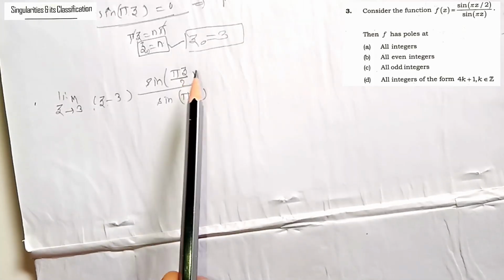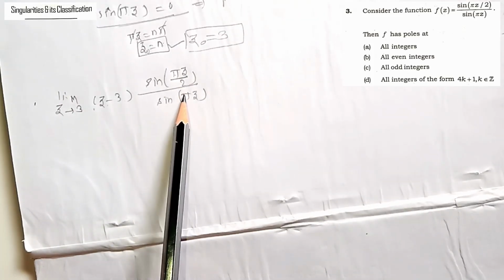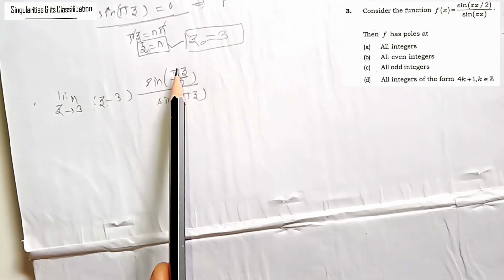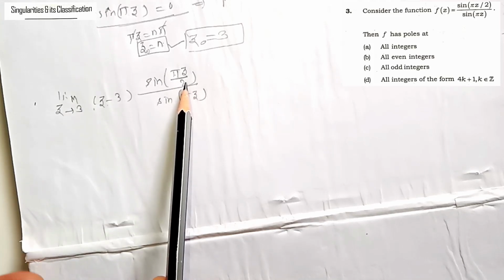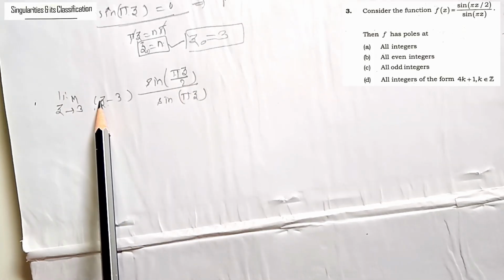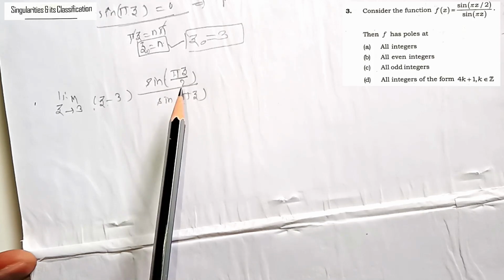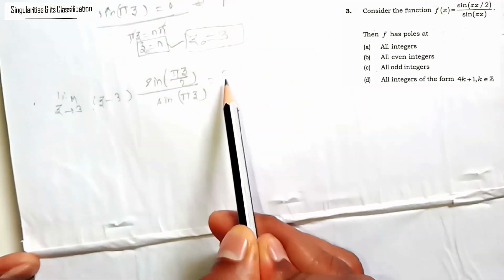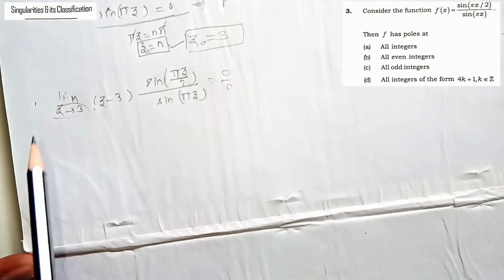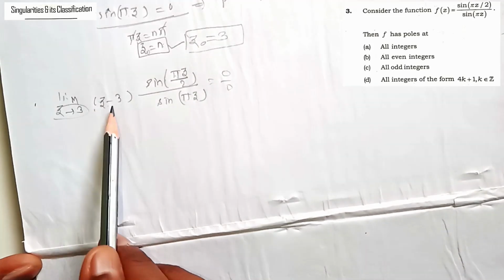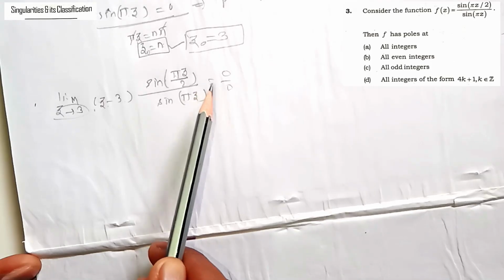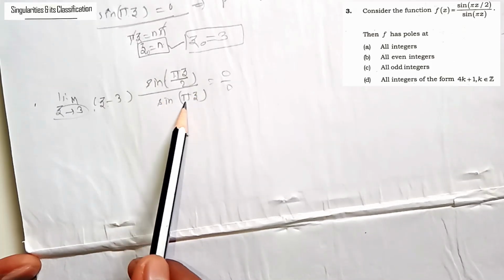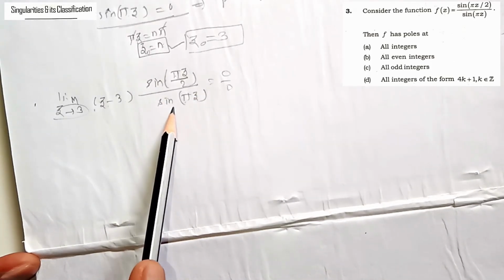If we substitute z as 3, we get sine 3 pi by 2 and sine 3 pi, so it gives us the 0 by 0 form. So our function gives us 0 by 0 form when we apply the limit z tends to 3. For that, use L'Hospital's rule, which can give us a finite or infinite value. If the value does not exist here, then we say that it does not have a pole for odd integers.